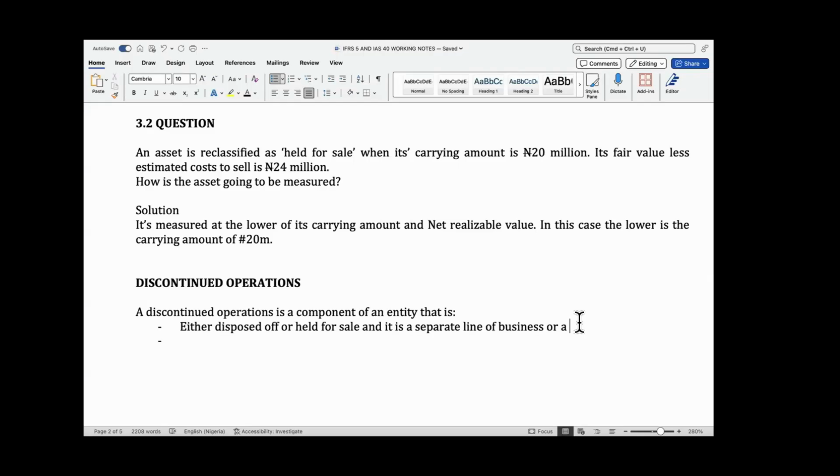And it is a separate line of business or is a separate geographical area of operation.